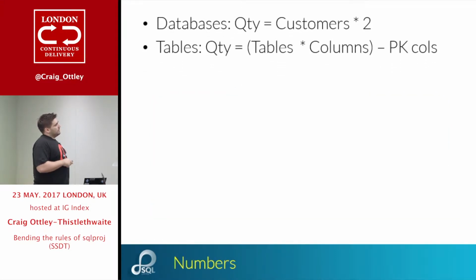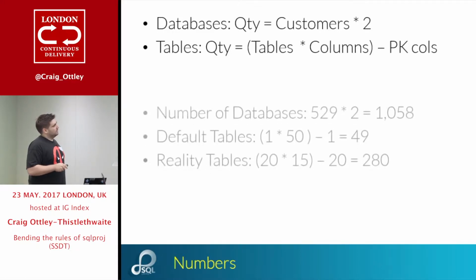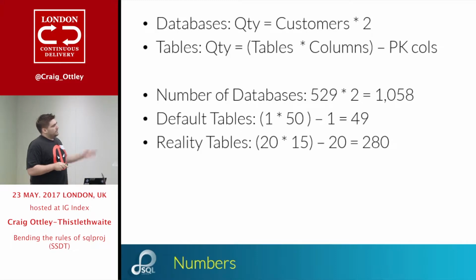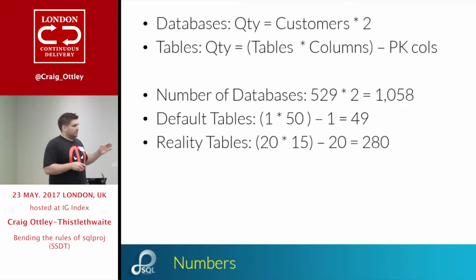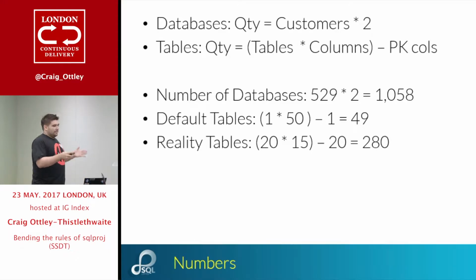So these are some of the numbers that we were looking at. For every client or customer, we'd have two databases. The tables was the tables times the columns minus the primary keys. So these would give us our objects. So we'd have 529 databases by 2, so you get 1,058. Every customer had a default table, so they get a customer table just to send their emails, and it was 50 columns, so they could fit it into what they wanted, and they'd only have one primary key.